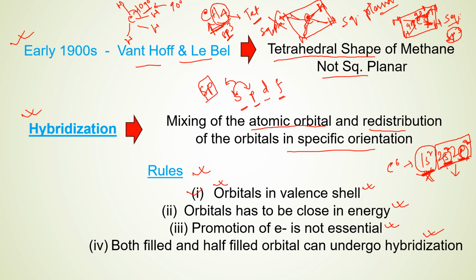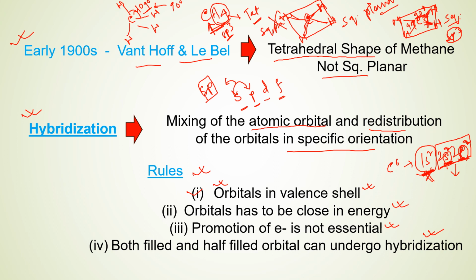Both 2s and 2p are inhabitants of the second shell, so they have closer energy than between 1s and 2s, or 1s and 2p.